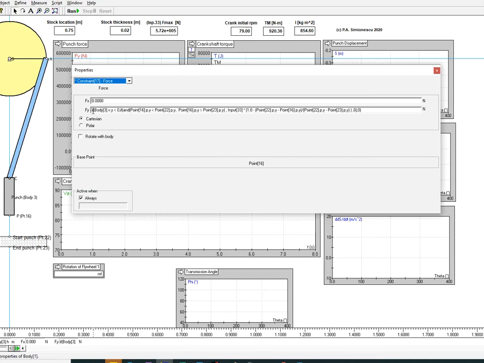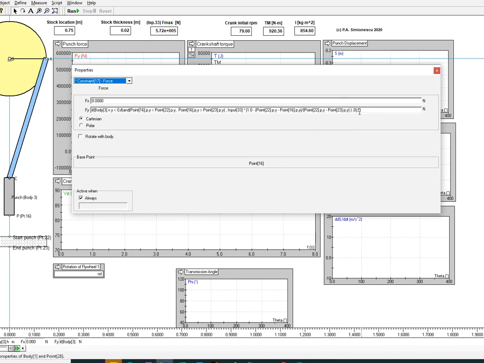So it's an if statement, an if clause, and it says if this point 16 is between point 22 and 23, then there is a linear force varying with the difference between y of point 16 and y of point 22.